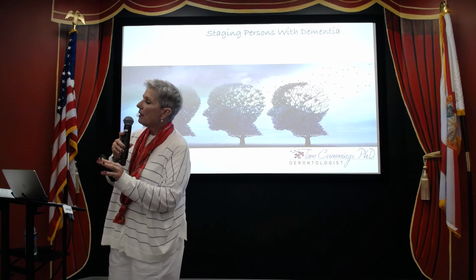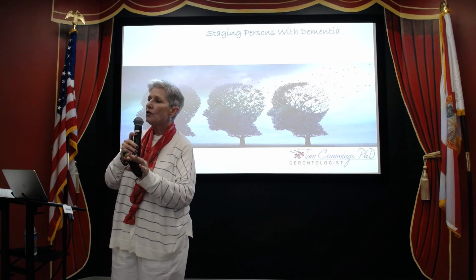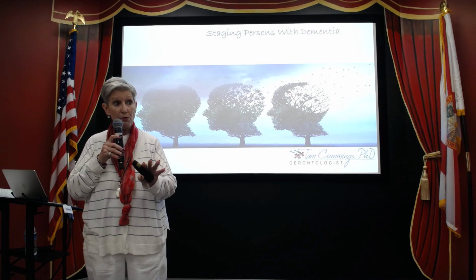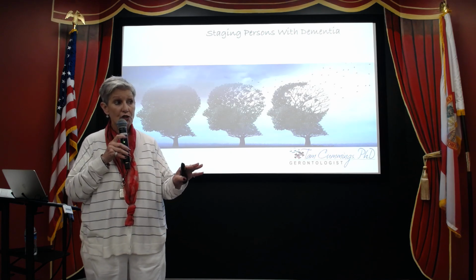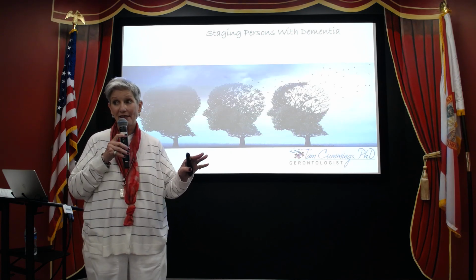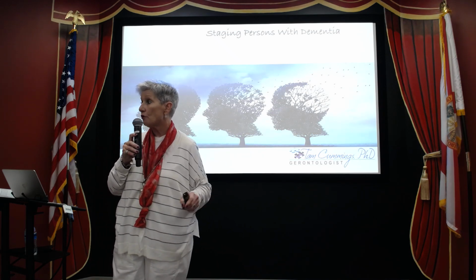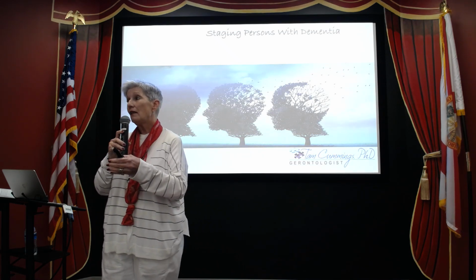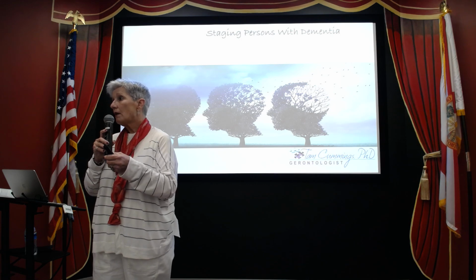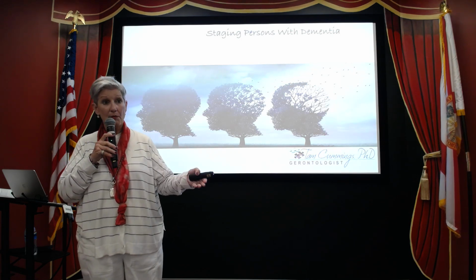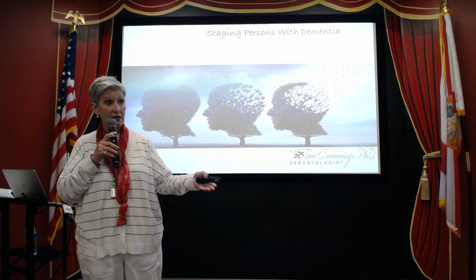But it allows you to look at the person and to help the family understand how advanced the dementia process actually is, which allows the family to recognize the need to listen to you to move forward in whatever treatment plan you're trying to work on. The stage of dementia tells you how much brain tissue is damaged or gone, estimated at this point.